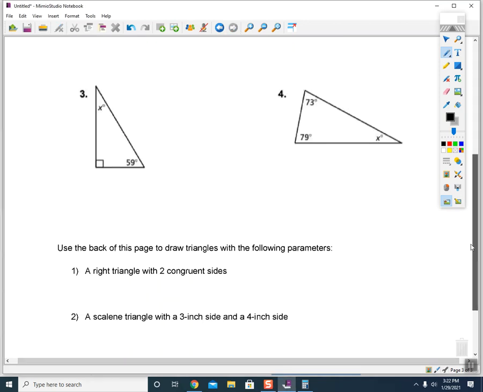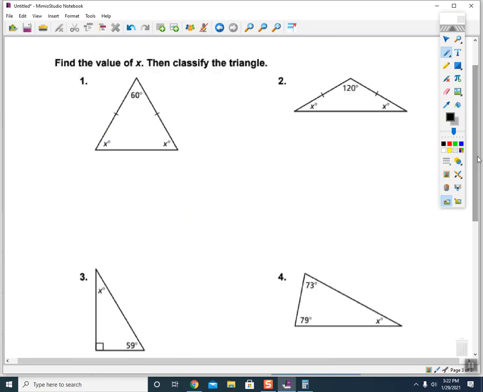Okay, last page. We want to figure out what the value of x is, and then classify each triangle. So I know for a fact that these two are the same. So this is going to be a scalene triangle. And I need to figure out what x is. So I have 2x plus 60 needs to equal 180.